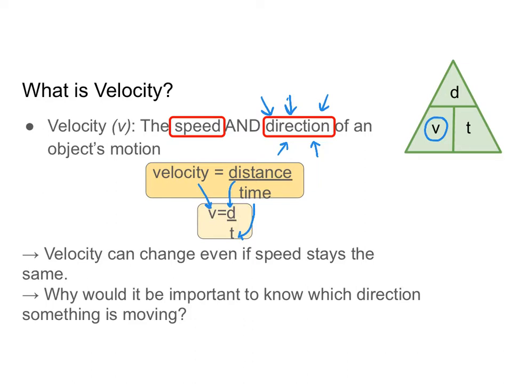So because velocity includes the direction, there's a couple of things we need to know about velocity. The first one is that velocity can change even if the speed stays the same.